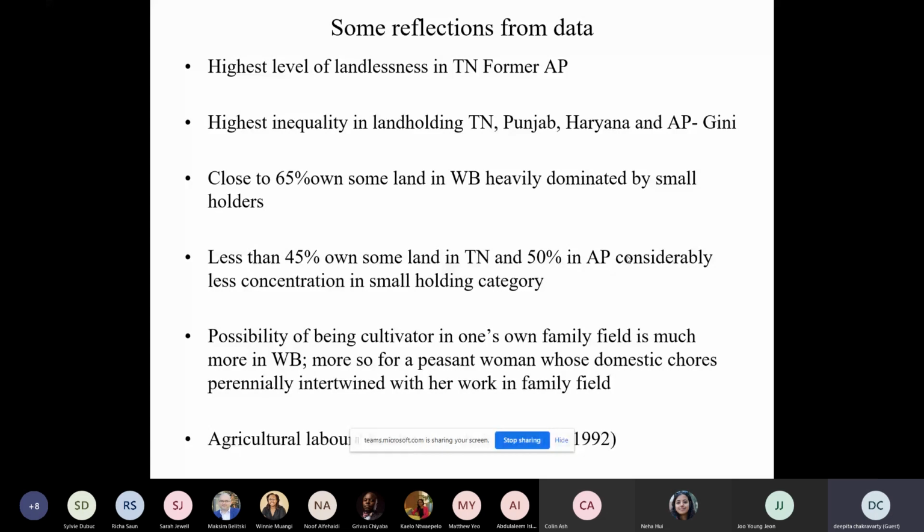On the contrary, in states like West Bengal, where the landlessness is relatively lower, in fact almost 20 percentage points lower compared to Tamil Nadu and Andhra Pradesh, the other two major rice cultivating states, and where a large number of people are concentrated in the lower landholding classes, naturally the possibility of prevalence of women working in the family fields will be much higher.